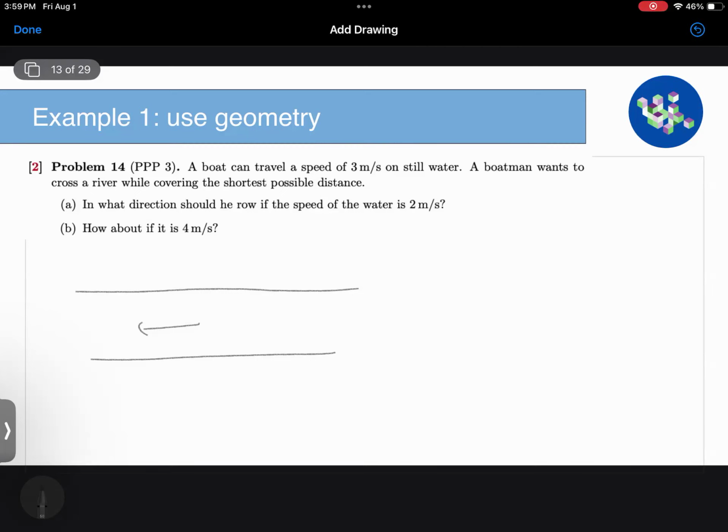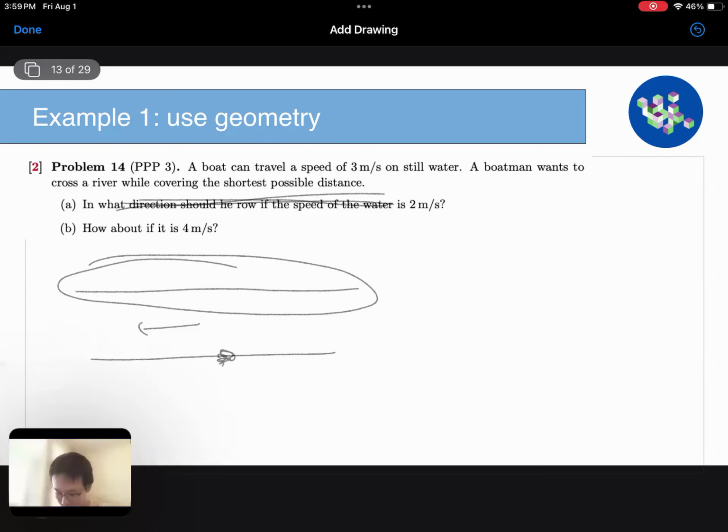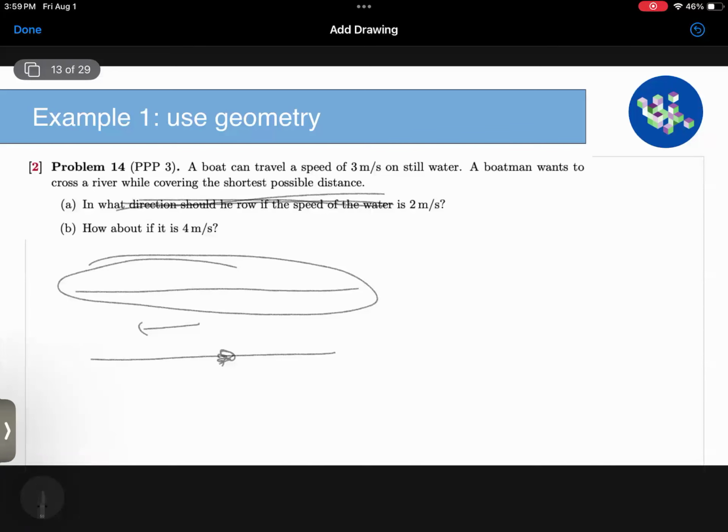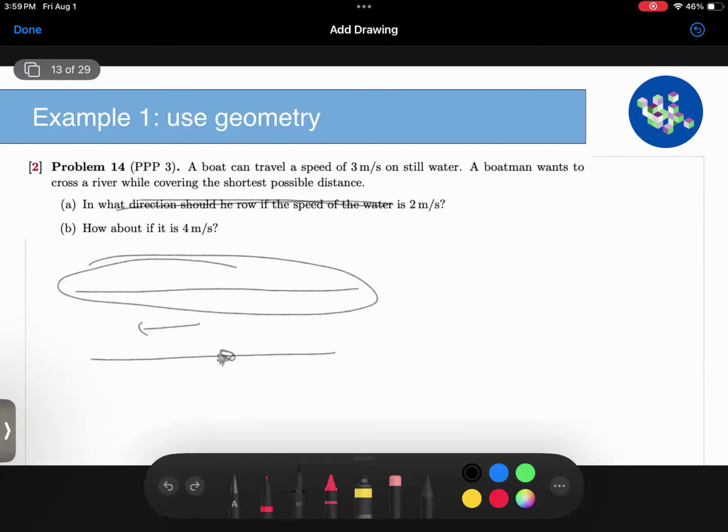You're trying to get to this shore over here, while covering the least possible distance. And remember, we're trying to minimize the distance traveled, not the time. If we want to minimize the time, it'll be a different story.